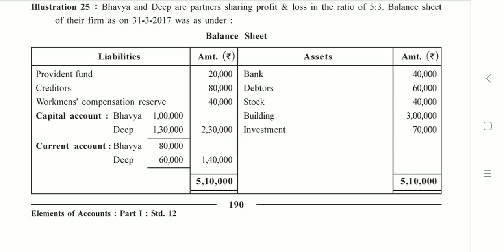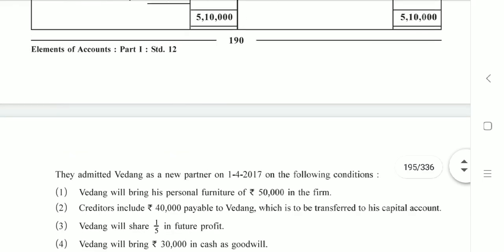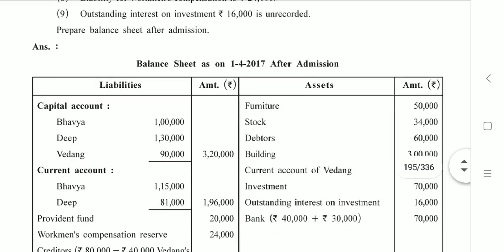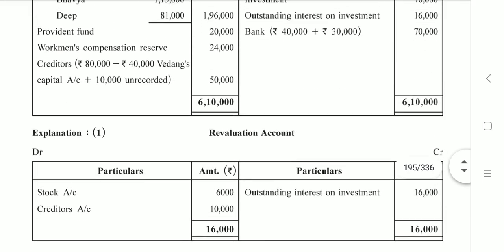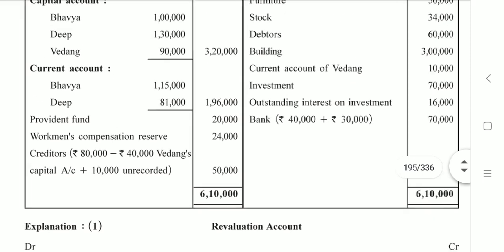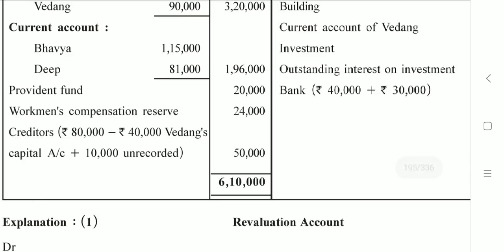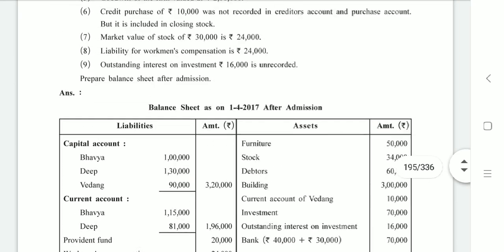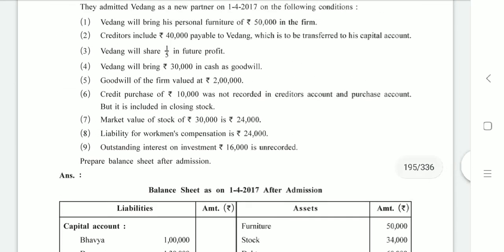Yes, meaning 80,000 minus 40,000 is 40,000. Then the sixth adjustment: credit purchase of rupees 10,000.